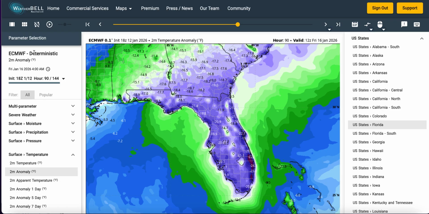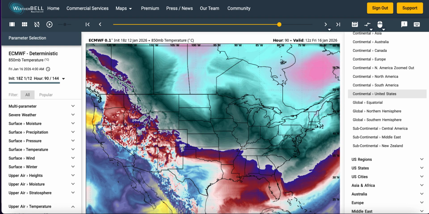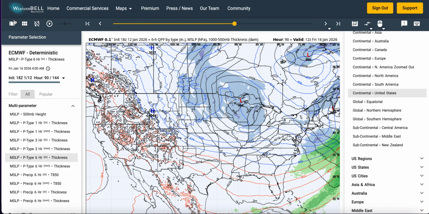So yeah, pretty cold there, looking at those surface anomalies. And let's go back to the multi-parameter view. Sorry, just a moment. So let's go ahead and see here.